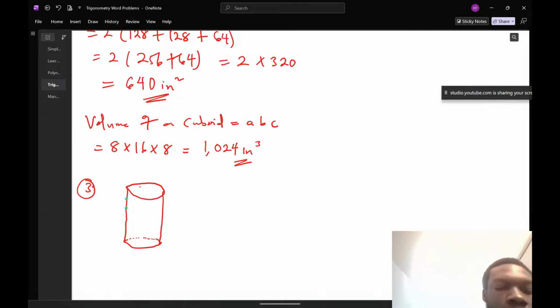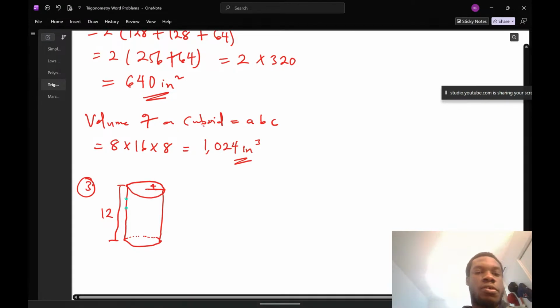Let's say we are given that the height from here to here is 12, and we're given that the radius is 4. So we want to find the surface area of a cylinder.